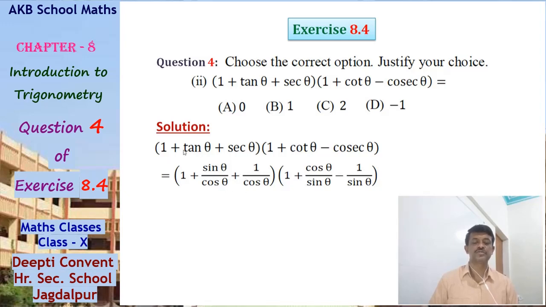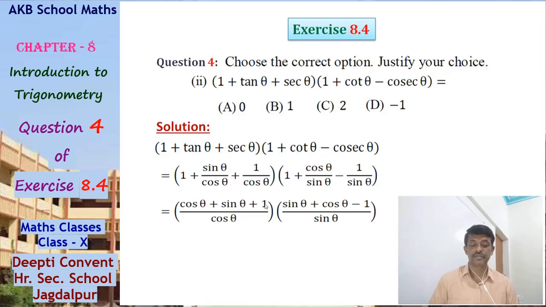Basic ratio means sine and cos. So tan equals sin by cos, sec equals 1 by cos, cot equals cos by sin, and cosec equals 1 by sin. Now by taking LCM we get cos theta plus sin theta plus 1 upon sin theta plus cos theta minus 1.